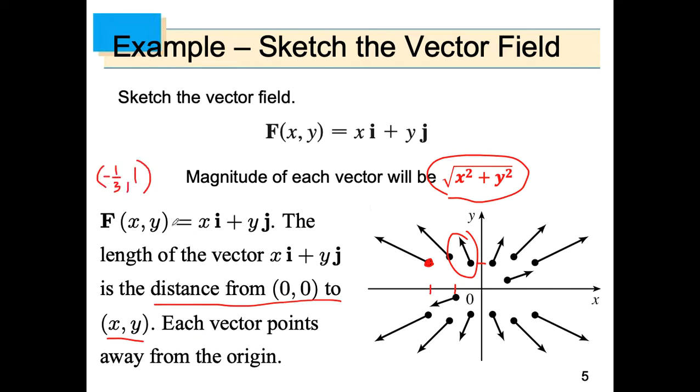Since we're going to focus on that point, let's plug in the numbers. Again, we'll replace x with -1/3, and we're going to replace y with 1. So that's going to lead me to the vector -1/3, 1, which is represented by this vector here.